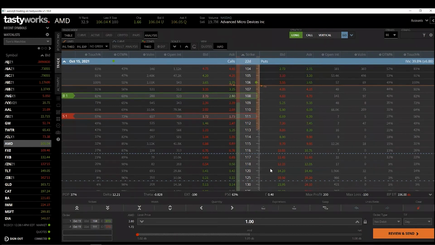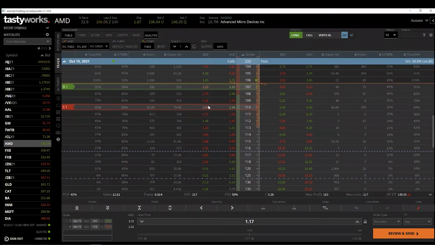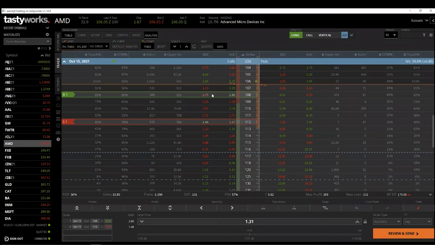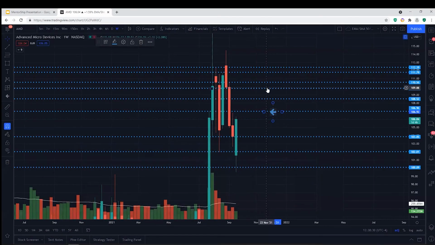Basically 108 to 110. Actually, no, I don't like this one. Never mind. The ones that we structured before is probably the best, actually, because your delta's in your favor. And this is something that's realistic to happen, because I think with the next wave up, we can hit 110, maybe even 112 within this next month.